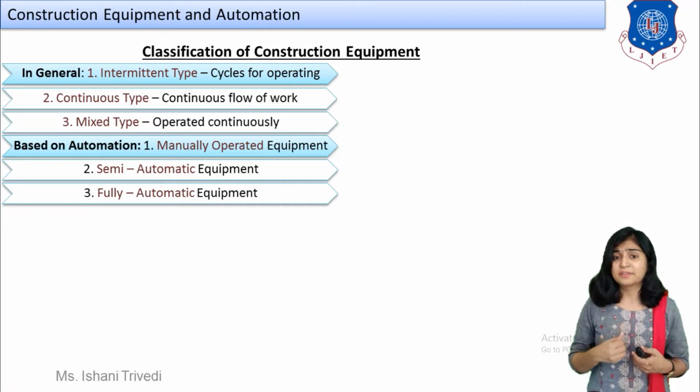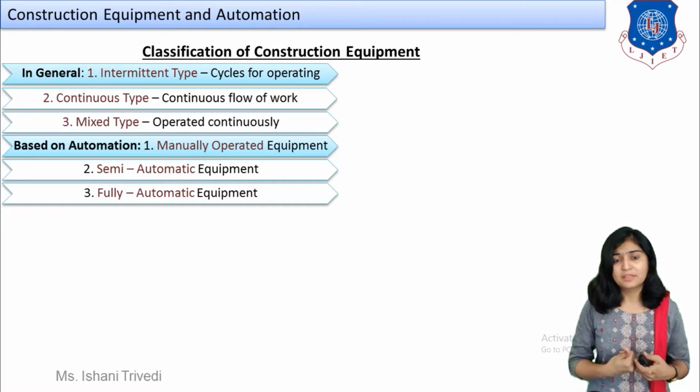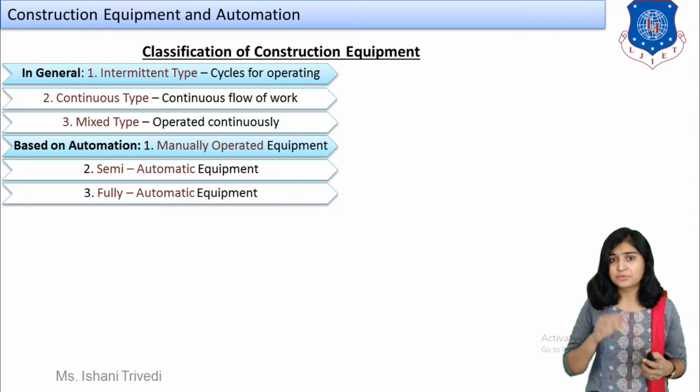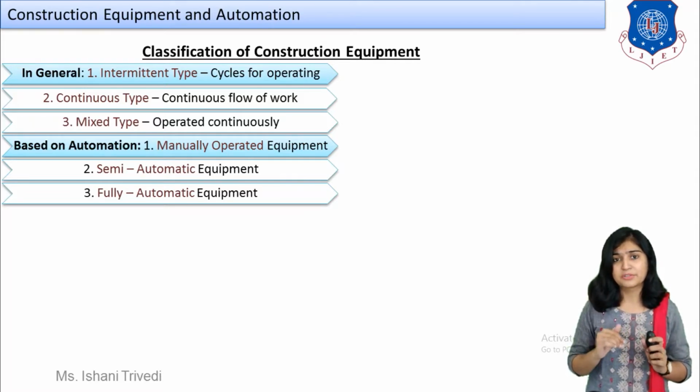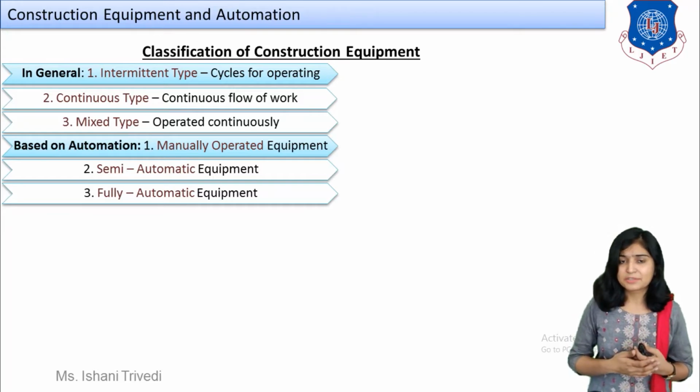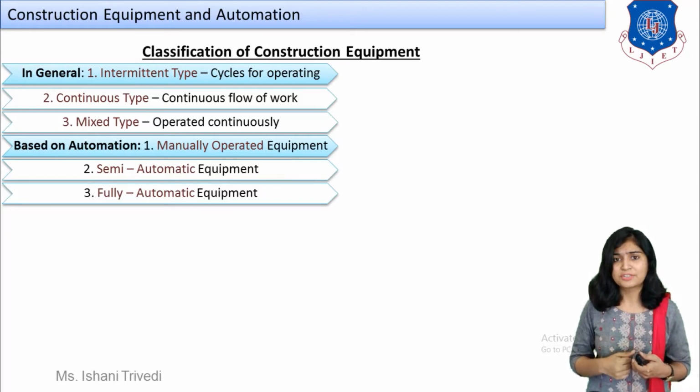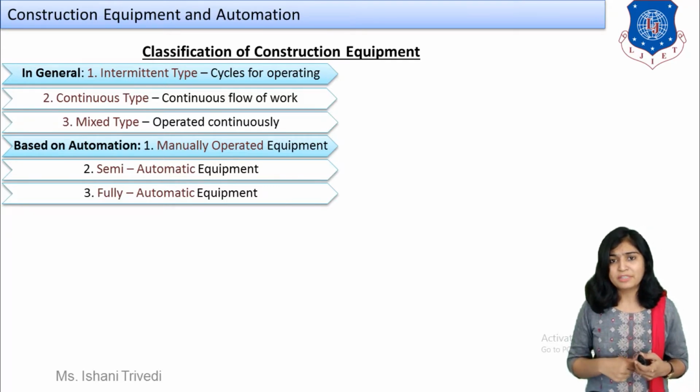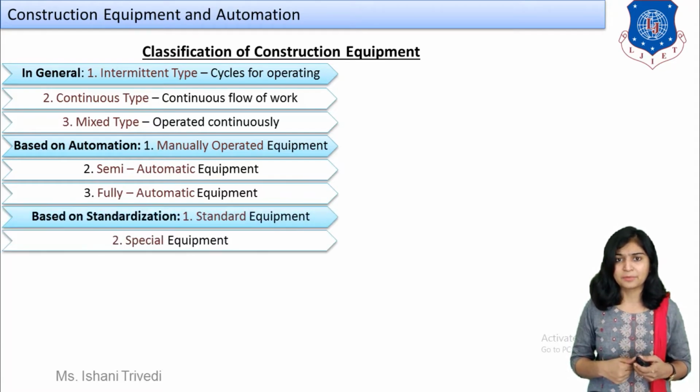There will be an operating chamber, and sometimes things would be semi-automatic. You just have to press the controls and take hold and carry out the work. The same is the case in excavators. So based on the nature of automation, we have manually operated, semi-automatic, and fully automatic equipment.